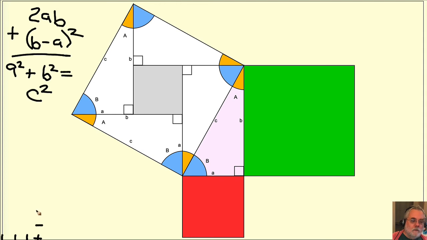And this is the triangle. Can we tell whether this is a right triangle or not? 3 squared plus 4 squared equals 9 plus 16 equals 25 equals 5 squared. So this is a right triangle.